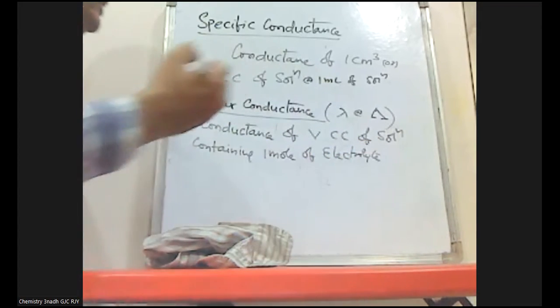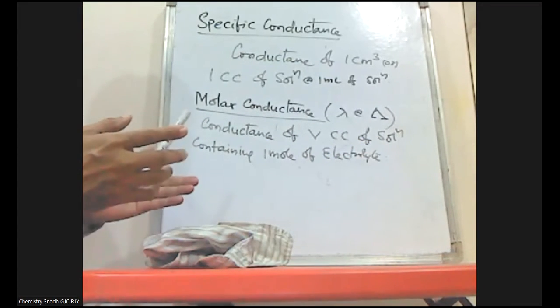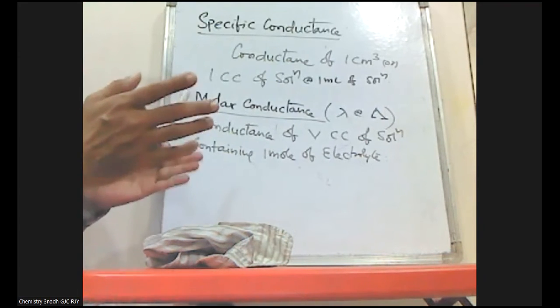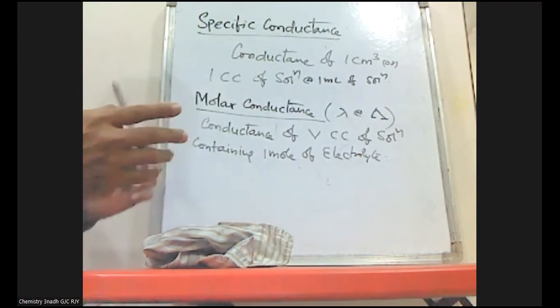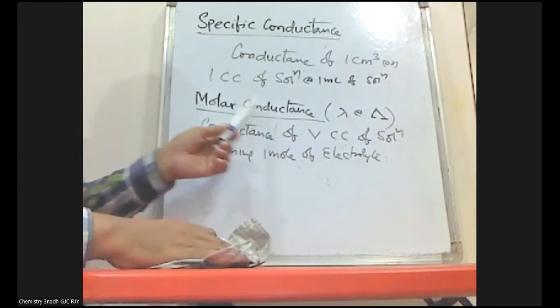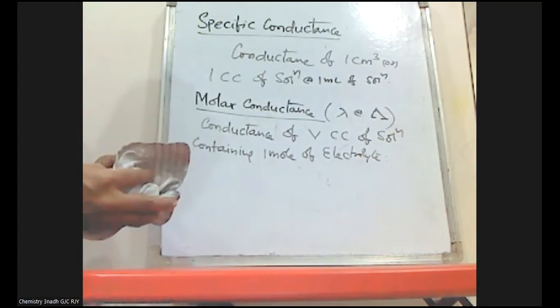The entire solution is placed between platinum electrodes 1 centimeter apart, and the area is 1 cc. That is what we call molar conductance.